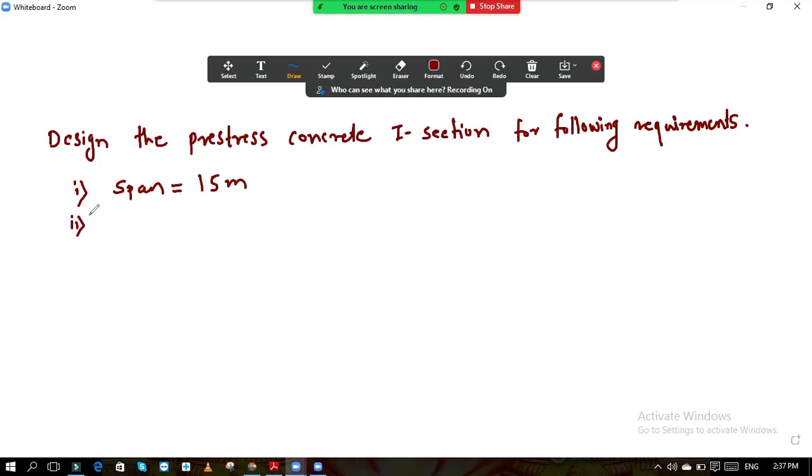Second, superimposed load. Superimposed load means it is live load. It is 35 kilonewton per meter.